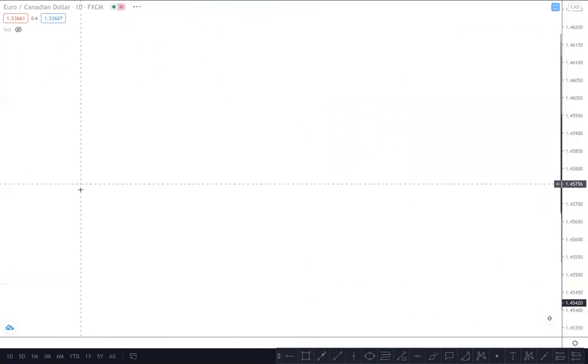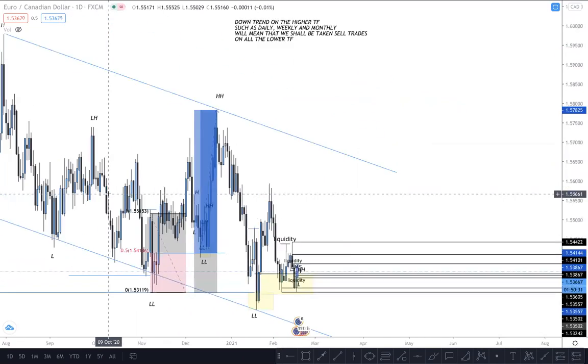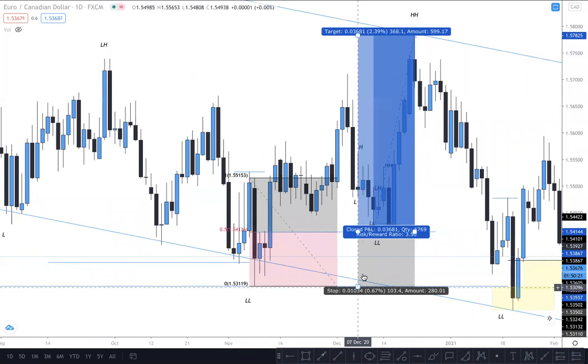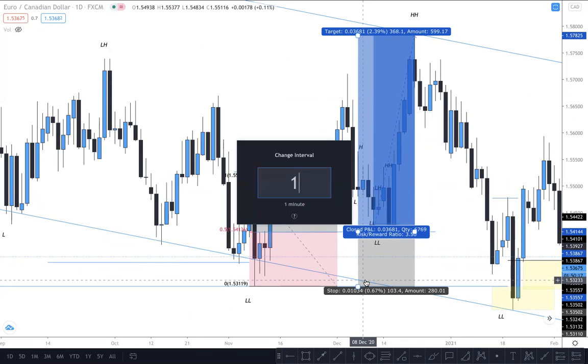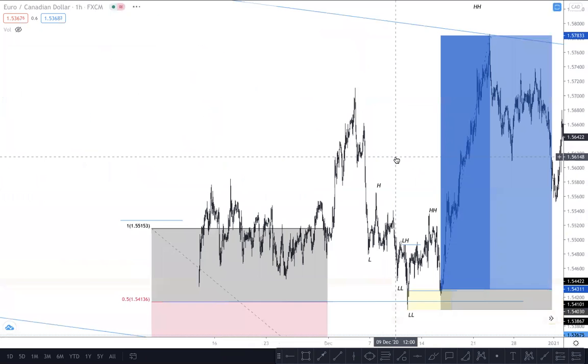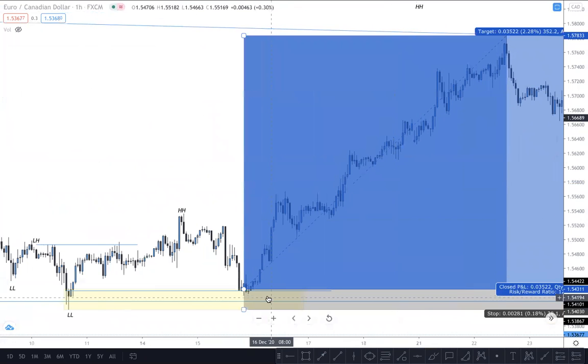Yes. If you look at the daily time frame, the only difference was that on a daily time frame, I was taking the trade from the 50% with my stop loss below the institutional candlestick. So my stop loss is bigger. But if I go on a 1 hour, the same area where I wanted to take the trade, this is my stop loss.